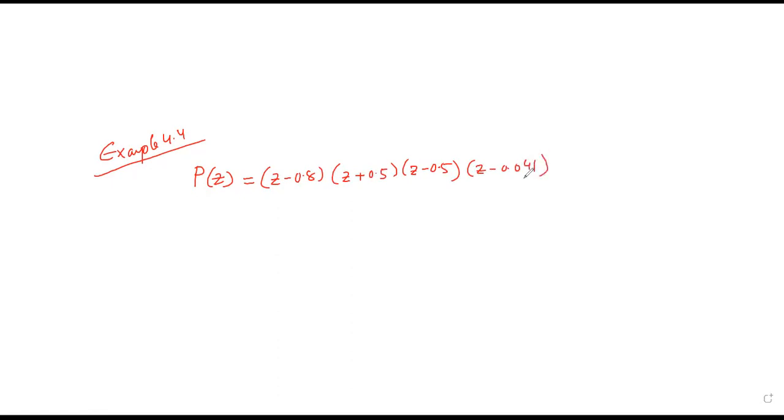So now we can clearly see that all the poles, or the roots of the characteristic equation, are within the unit circle. All the values here are lesser than 1, so we can also verify that the system is stable.